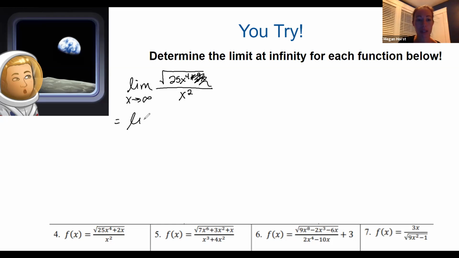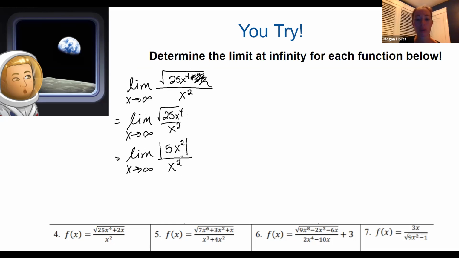So now I have the limit as x goes to positive infinity of the square root of 25x to the 4th over x squared. I'm going to take the square root of 25x to the 4th, and I'm going to put absolute value signs around it. So I have 5x squared all over x squared.